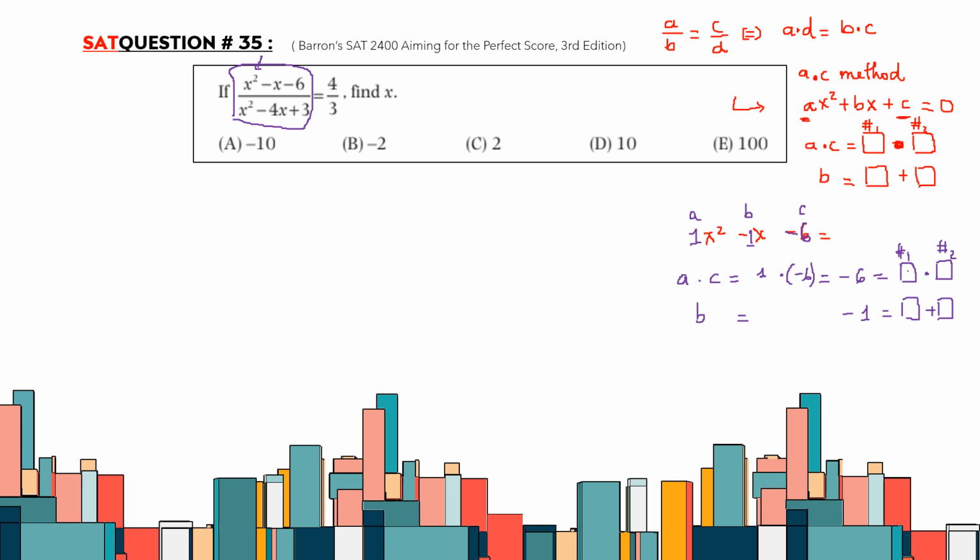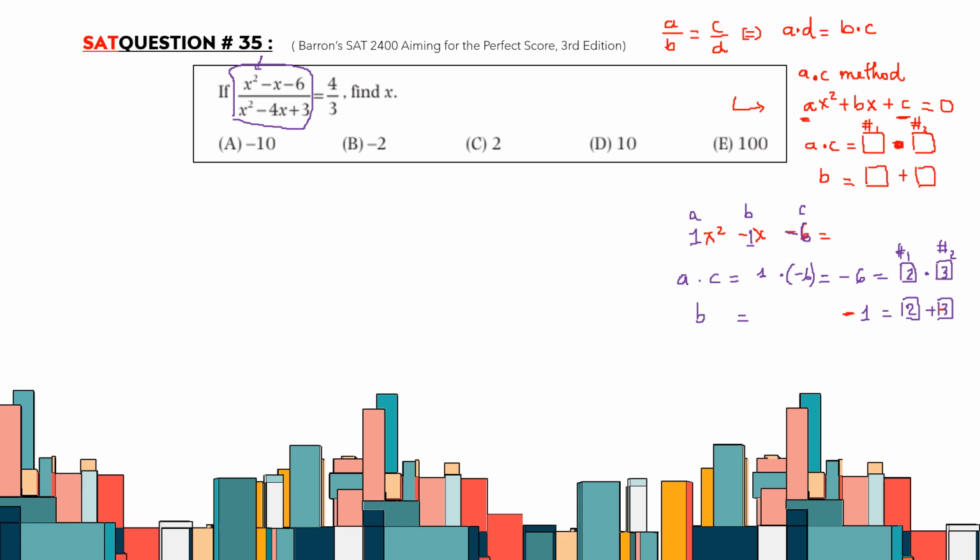We'll have 2 and 3, but one of them has to be negative. If you plug in 2 and 3 here, which one is negative, negative 2 at 3 or 2 at negative 3, to make negative 1? Only when you have negative 3, the bigger number. So when you see the negative, the bigger number has to be the negative.